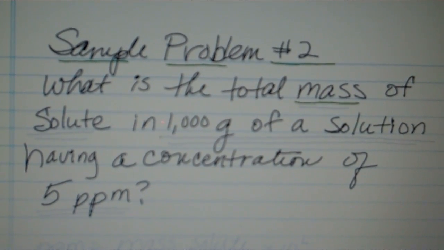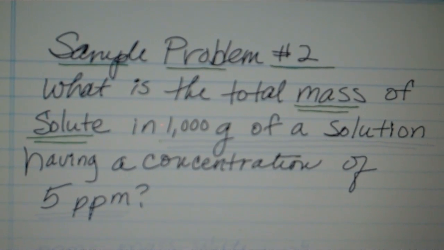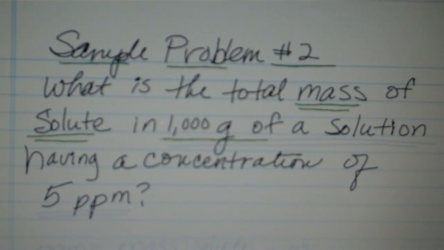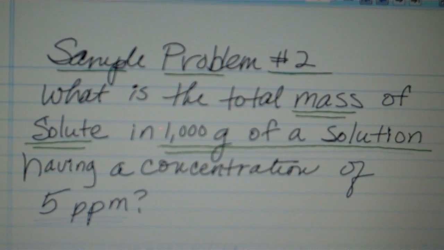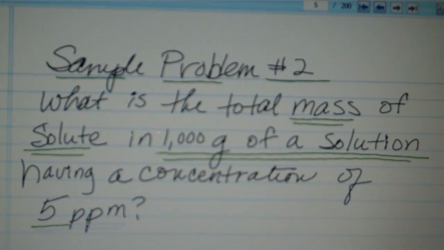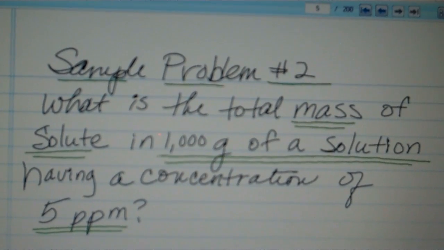We want the mass of the solute. So that's going to be our X. We have 1,000 grams of solution this time. And we have a concentration of 5 parts per million. We're actually given that information.